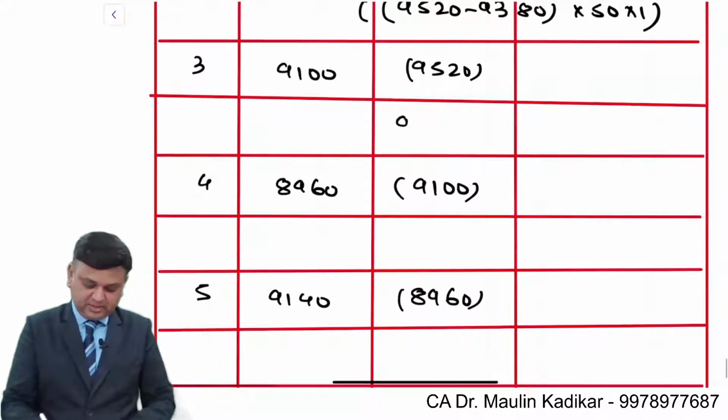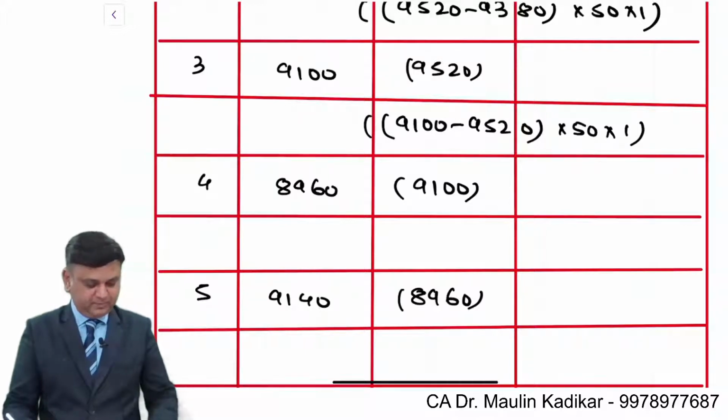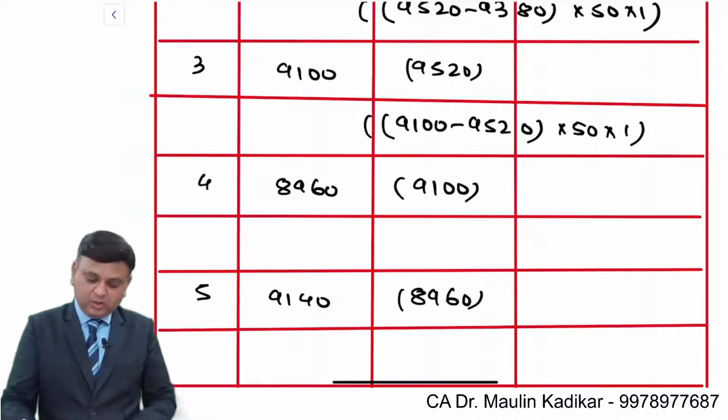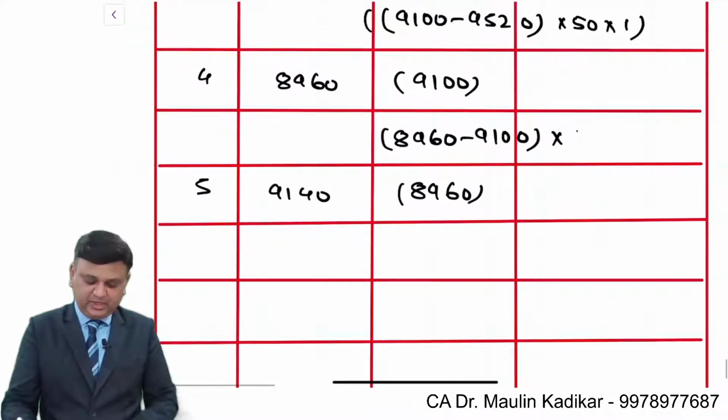Next, 9100 minus 9520 into 50 into 1. 9100 minus 9520, so 420 into 50. That comes to loss of 21,000. 8960 minus 9100, multiplying with 50 into 1.